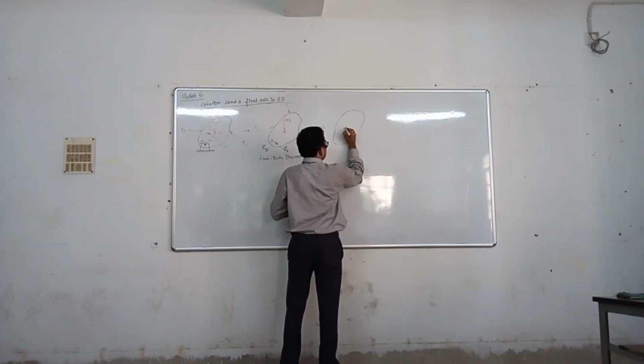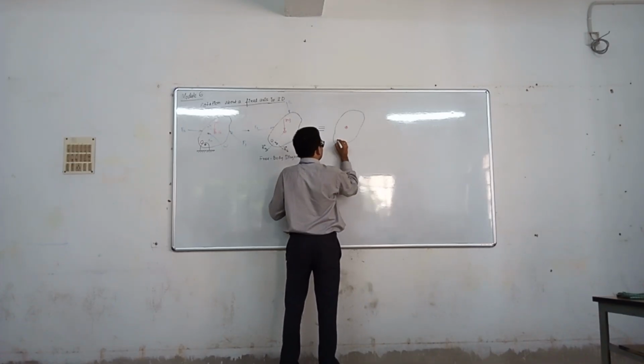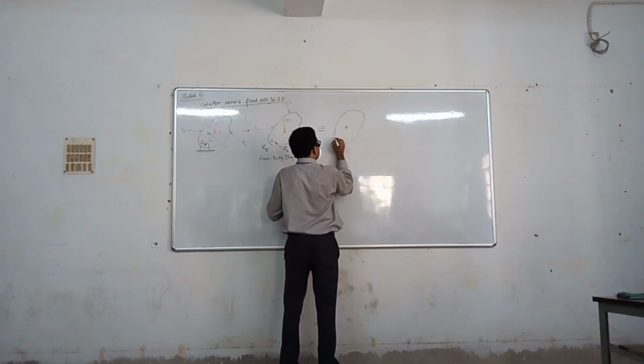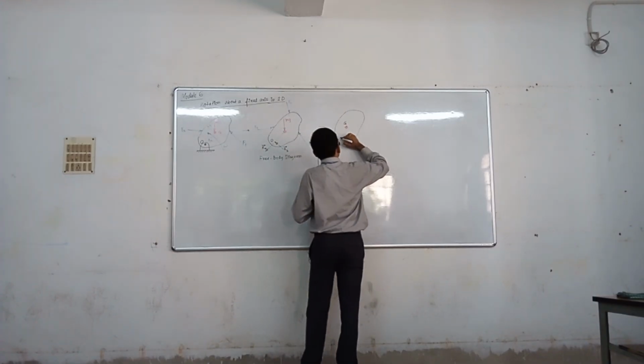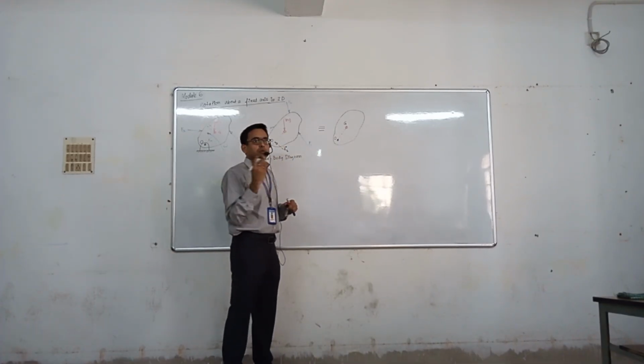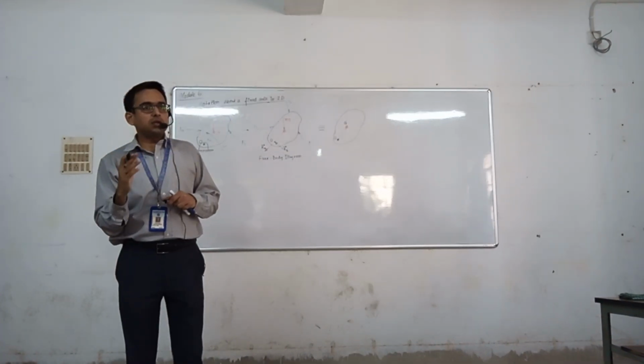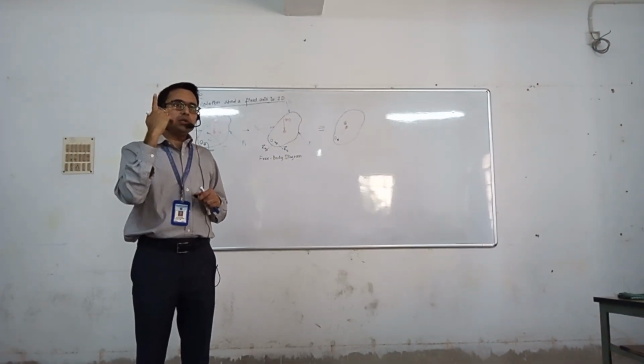This is O, this is G, and this is the line connecting OG. So we know that for this kind of system, a rigid body under this force system, there will be two motions.